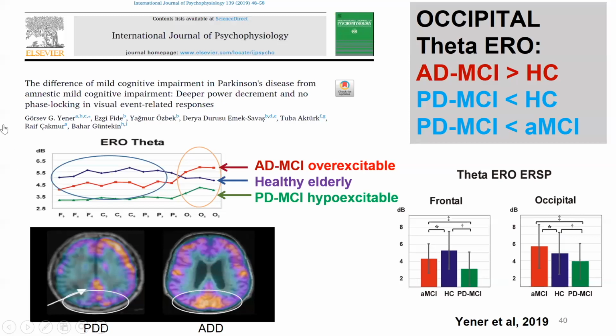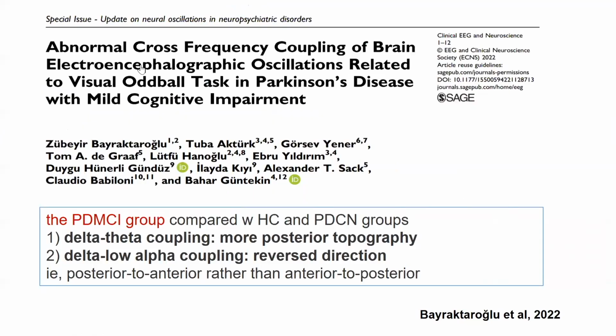So we also see the difference in abnormal cross-frequency coupling in PD-MCI. As a whole group, we continue efforts towards data sharing and harmonization. And I thank Josefina Cruzat for this nice slide sharing with me.